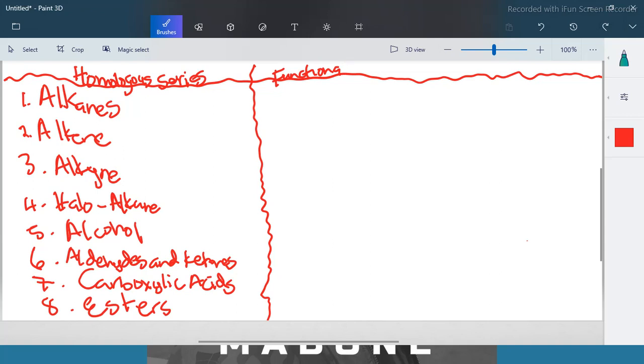Right? So, a functional group. Right there. Functional group. Then I can draw another line there.